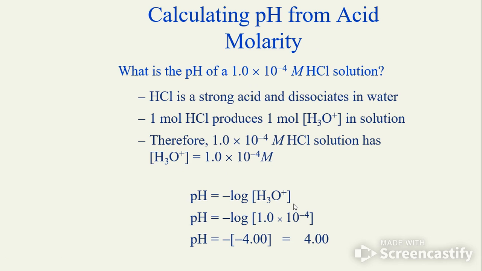For example, what's the pH of a 1.0 times 10 to the power negative 4 molar hydrochloric acid solution? Well, we know hydrochloric acid is a strong acid, so it dissociates completely. The hydronium ion concentration will equal the molarity of the acid. So substituting in the formula, you get 4.00.